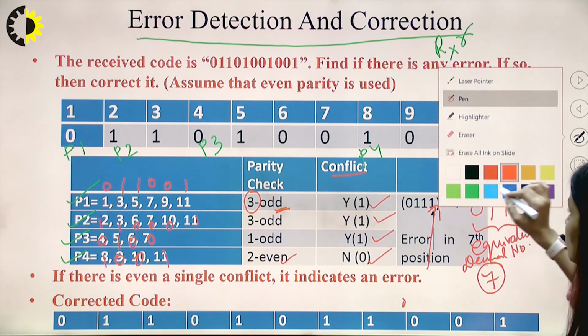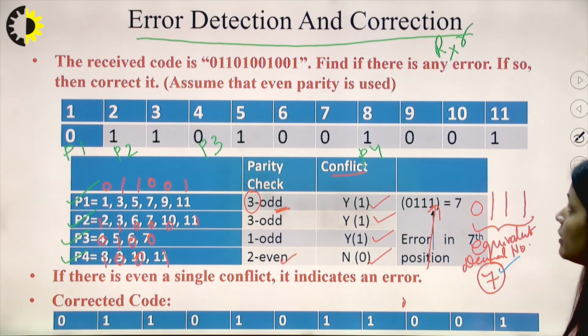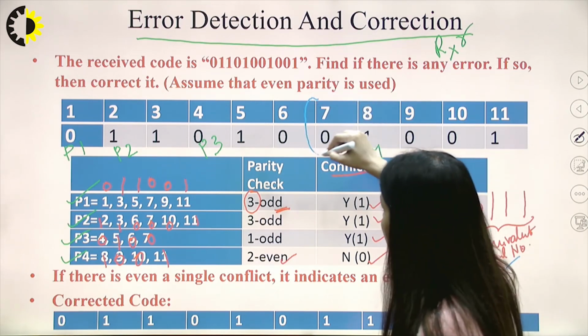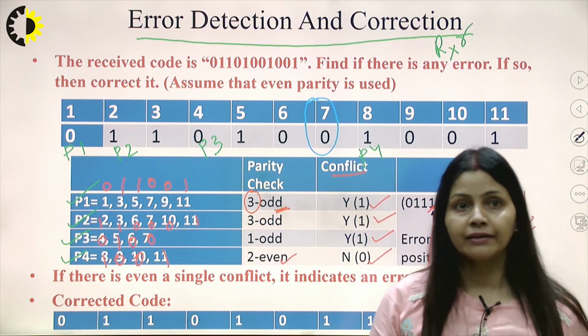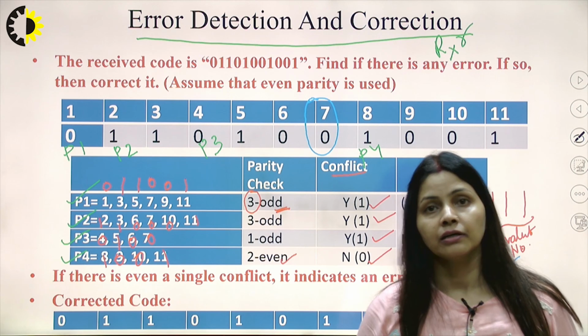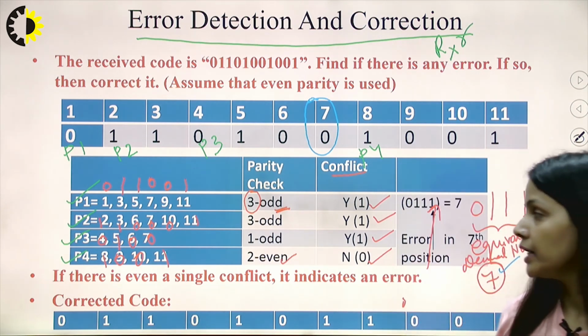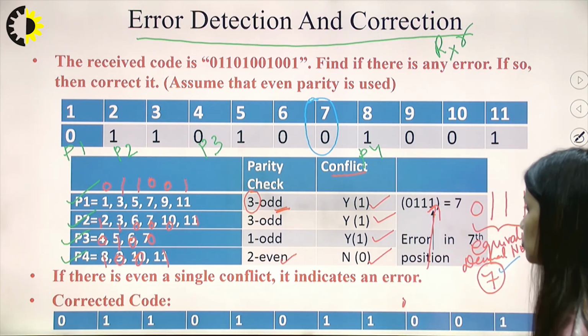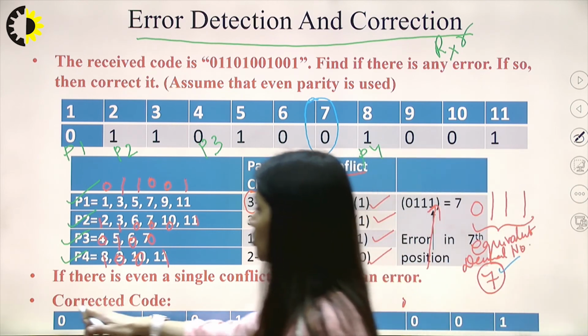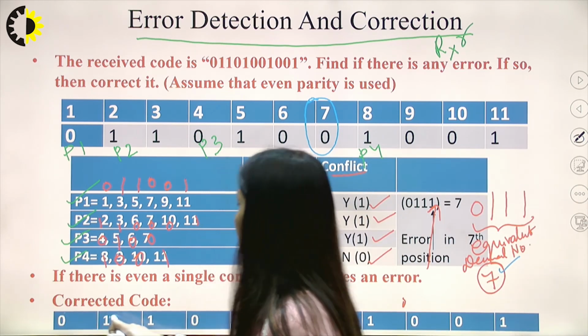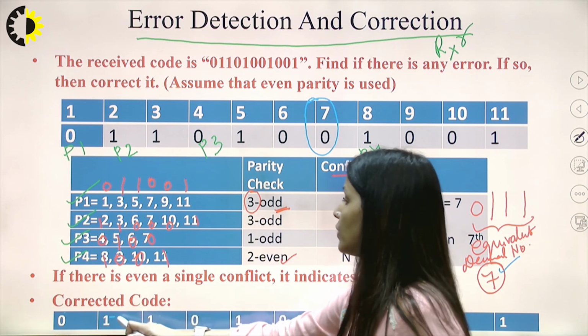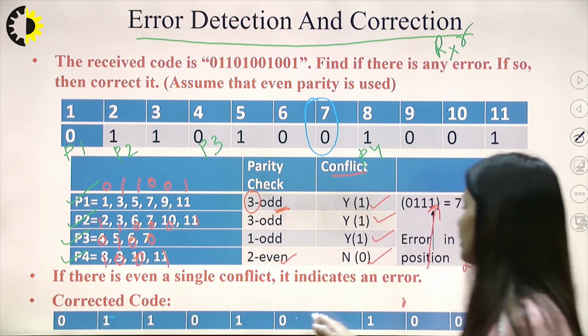What does 7 denote? It denotes that at the 7th bit there is an error. So it will correct the code after detecting: 0, 1, 2, 3, 4, 5, 6, 7.